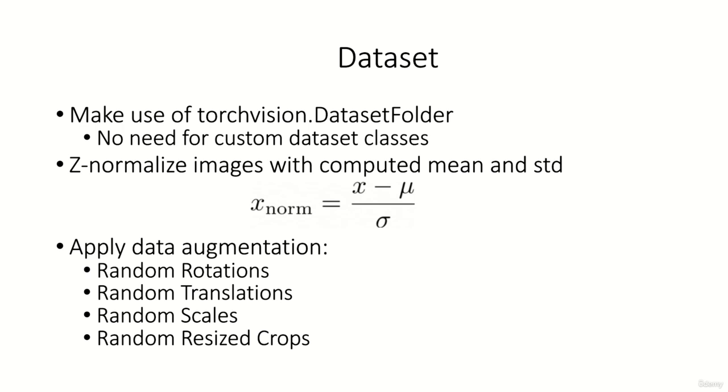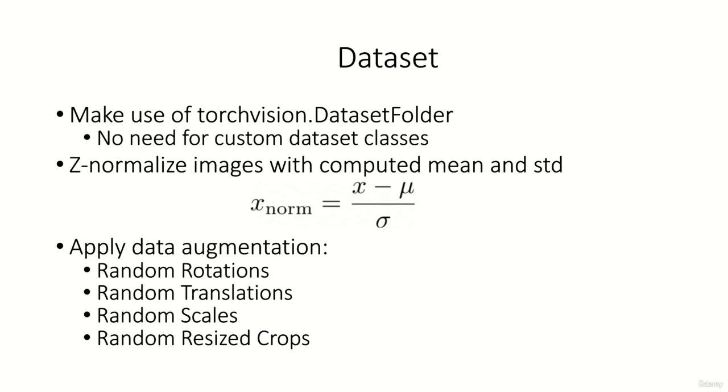Now it is time to create our dataset. As already said, we will make use of the Torch Vision dataset folder class, which alleviates the need for a custom dataset. When loading an image, we normalize the image pixel values with our pre-computed mean and standard deviation. Normalization is performed by subtracting the mean from all pixel values and subsequent division by standard deviation.